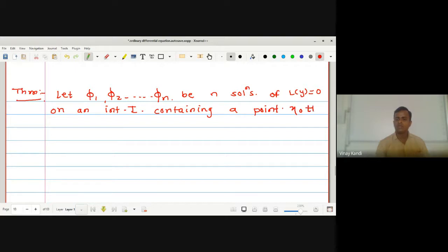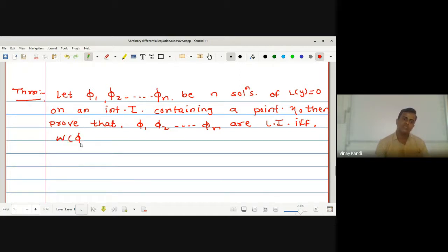Then prove that phi 1, phi 2 up to phi n are linearly independent if and only if the Wronskian of phi 1, phi 2 up to phi n at point x naught is equal to 0.